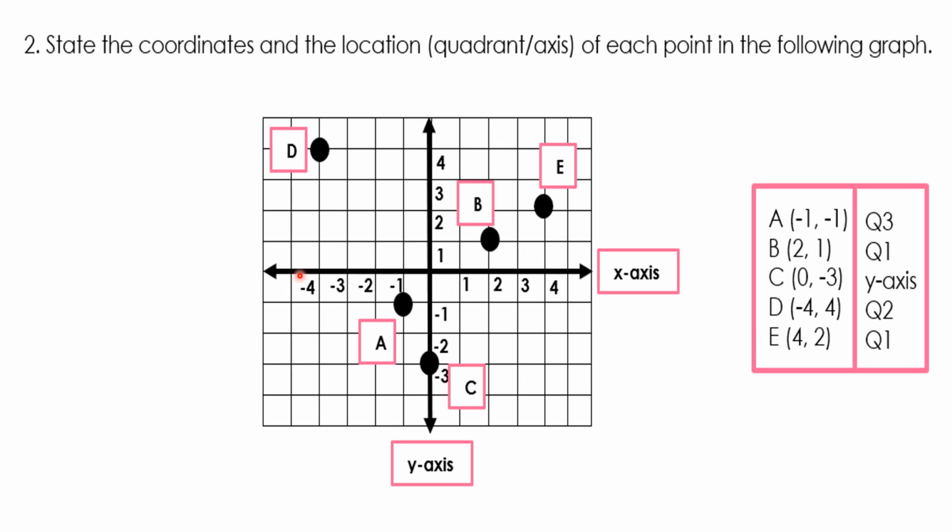Negative 4 is x, and positive 4 is y. So point D is located here. And then point E is positive 4 on x, and then you move 2 units upward for y. So our point E is located in the first quadrant.